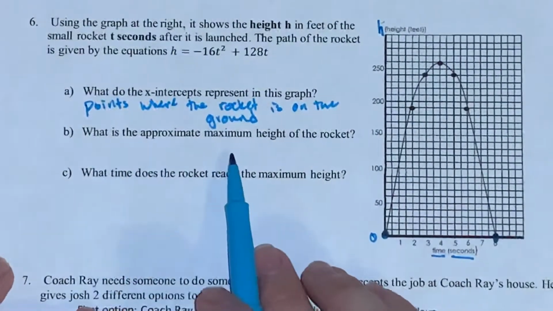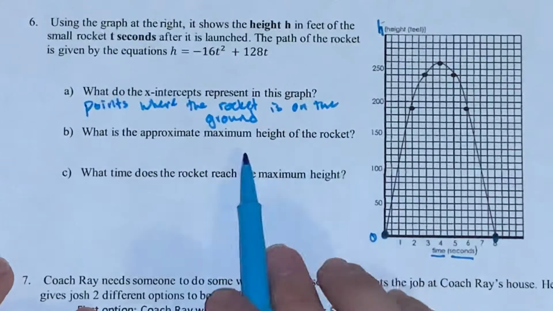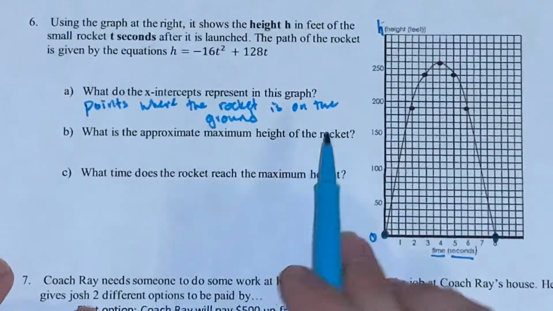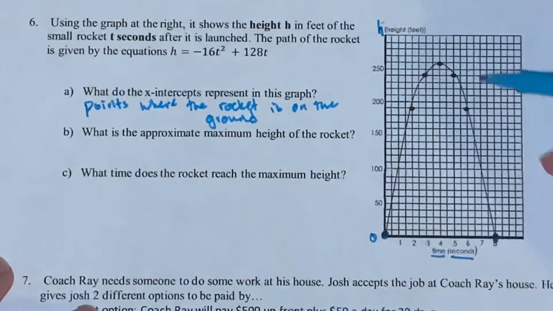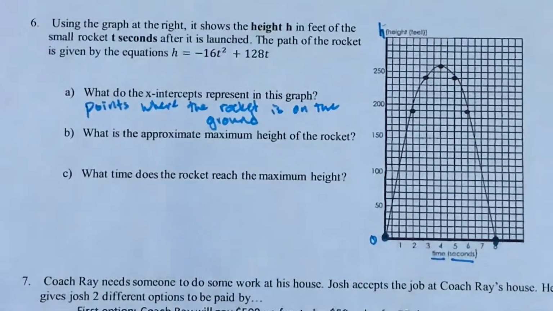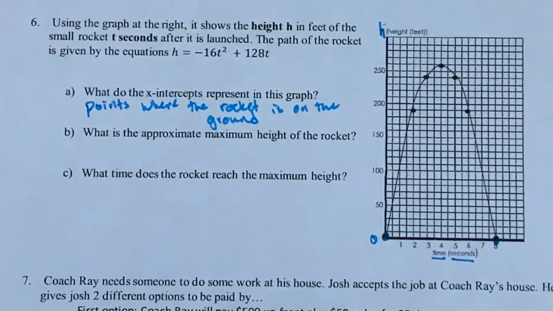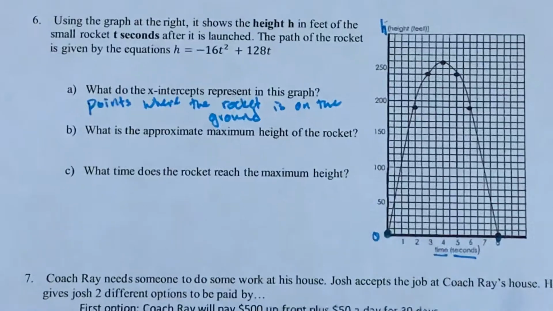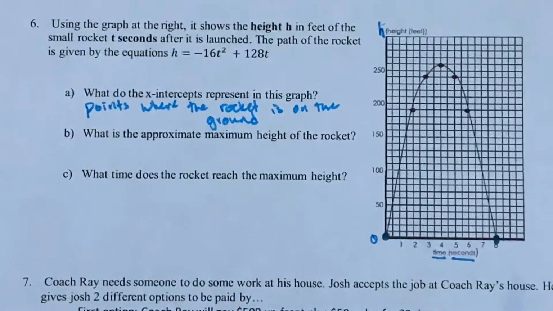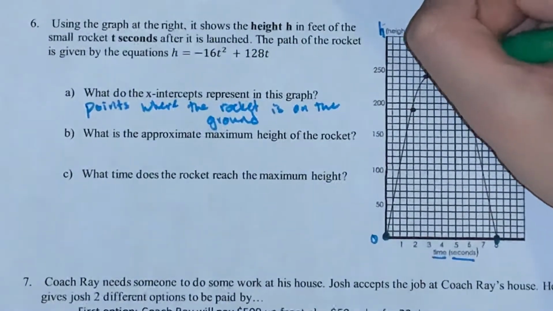What is the approximate maximum height of the rocket? The maximum height of the rocket is just where we find the maximum point of this quadratic function. The maximum point of this quadratic is right here.